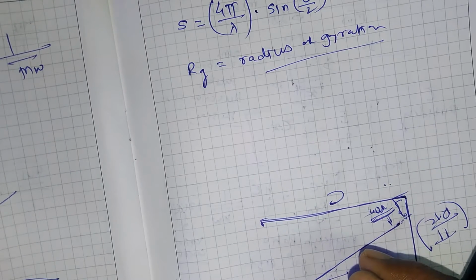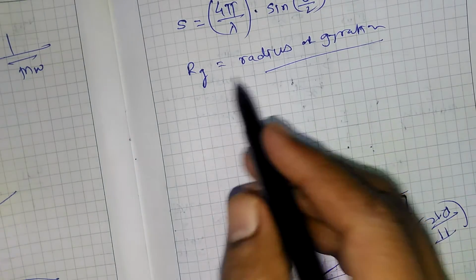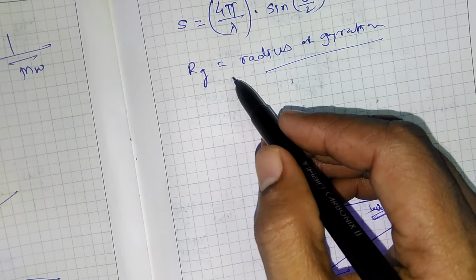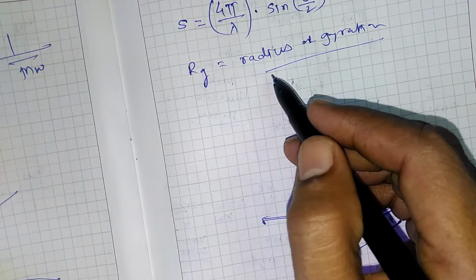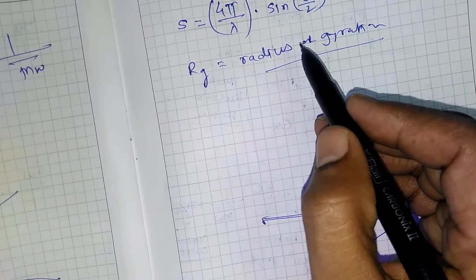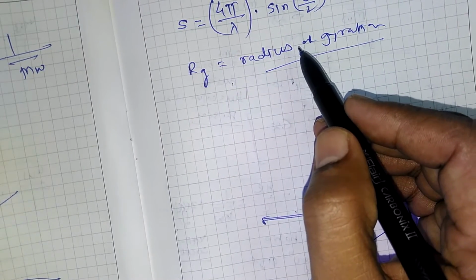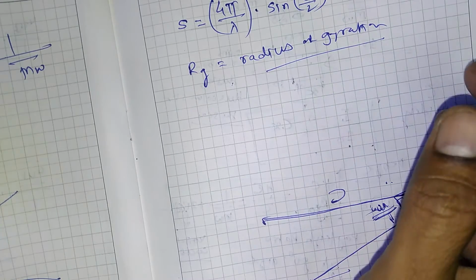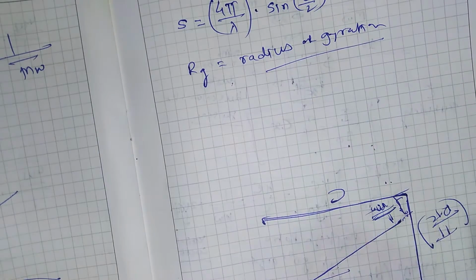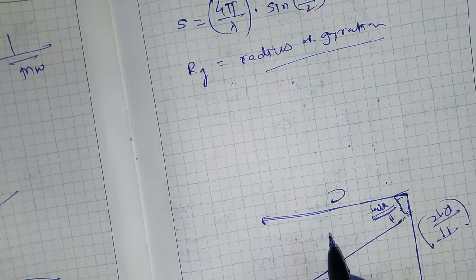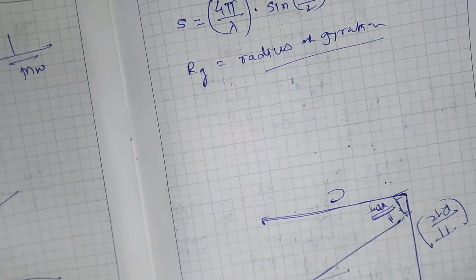Therefore we have to determine it in this way. The radius of gyration can be defined as the average root mean square distance of the atoms from the center of mass. This is called the radius of gyration.